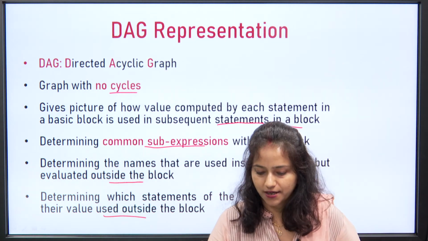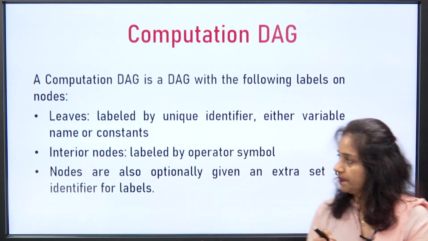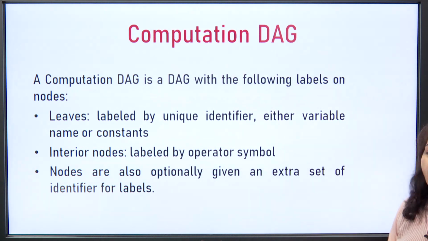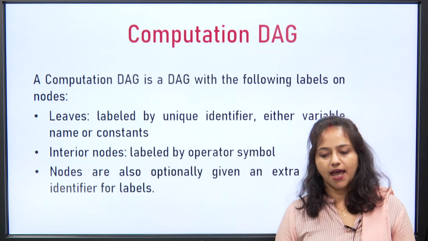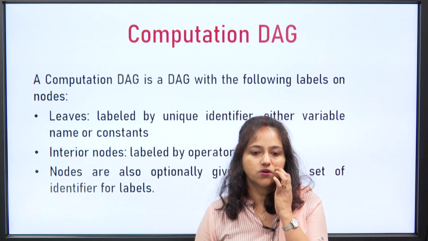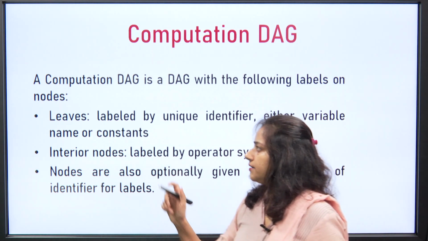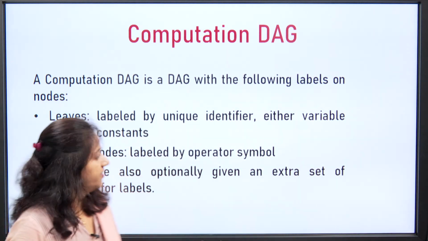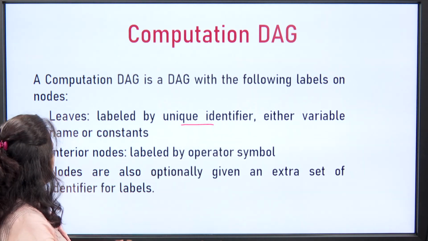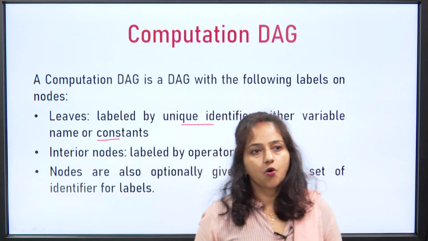So, this is about the DAG representation. A computation DAG is a DAG with the following labels on the nodes. It is just like a tree type of structure that will have leaves, interior nodes, and one property. The leaves will be labeled by a unique identifier, either a variable name or constants.